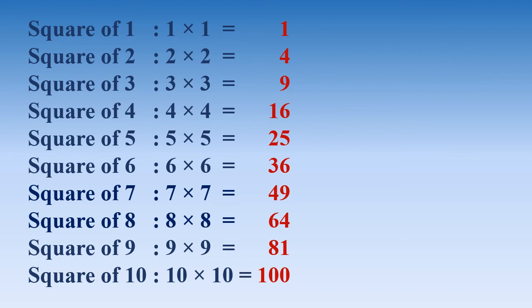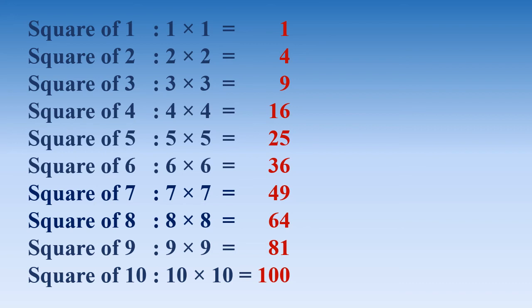Square of 6, 6 multiplied by 6, the answer is 36. Square of 7, 7 multiplied by 7, the answer is 49. Then square of 8, 8 multiplied by 8, the answer is 64. Then square of 9, 9 multiplied by 9, the answer is 81.